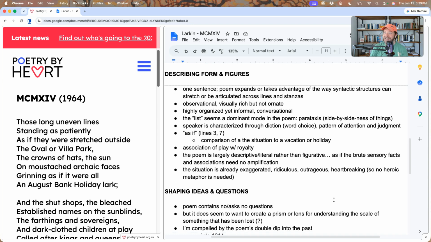As I'm still getting used to how I want this to run, I thought it best to walk you through it as opposed to splitting my attention between typing out the notes and thinking through them with you. So the step that follows my note-taking on sound and sense looks at form and figures.